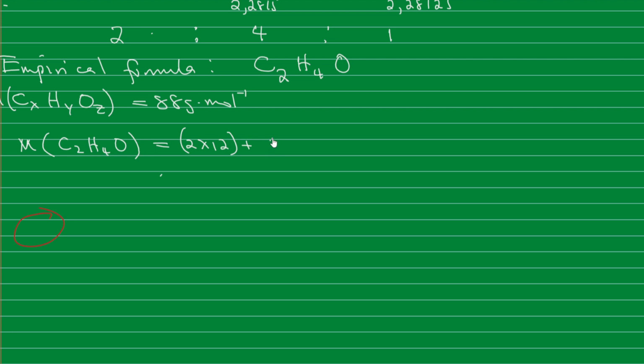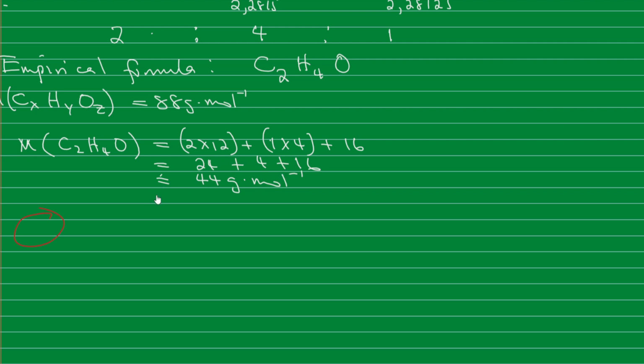There are 4 hydrogen here, so 1 times 4, because each hydrogen has 1, plus oxygen, it's 16. So I'm going to get 24 plus 4 plus 16, which will give us 44. So 44 grams per mole.